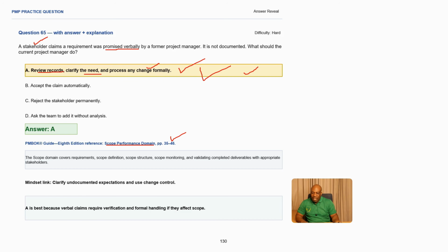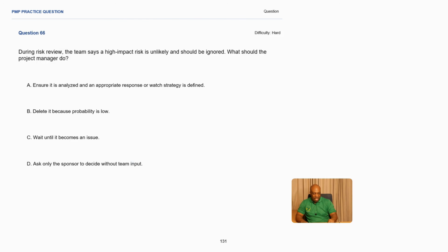The best mindset you can apply here is to clarify and document the expectations and use change control. Making A the best answer, because verbal claims require verification and formal handling if they affect scope.